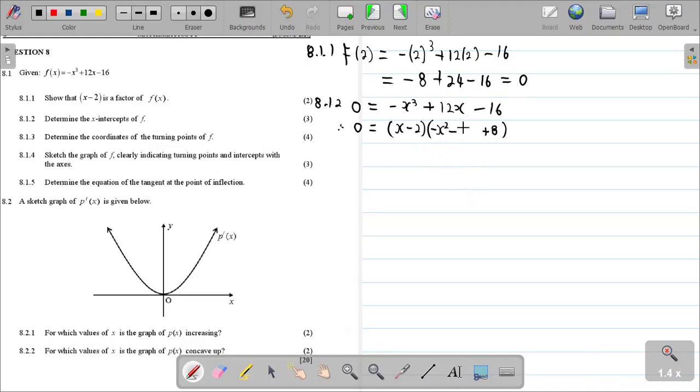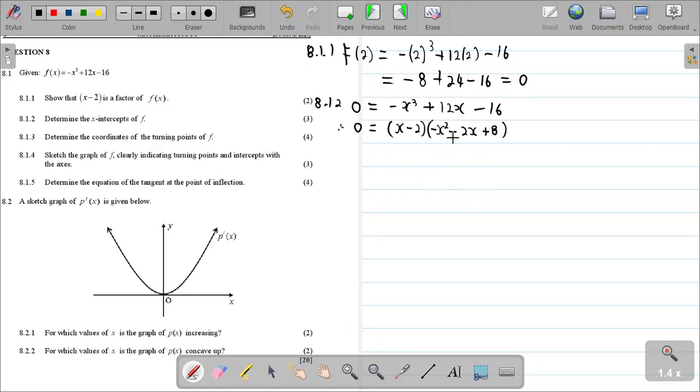So this one must give us negative 2x squared if we want to have that.